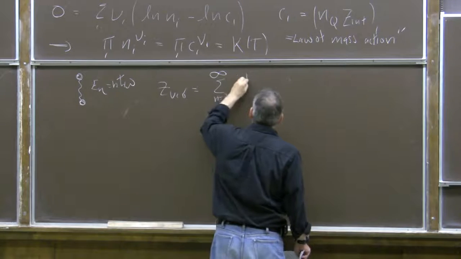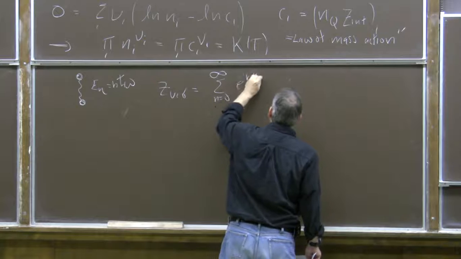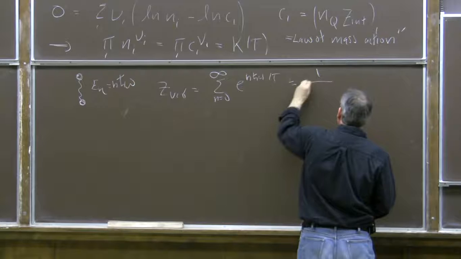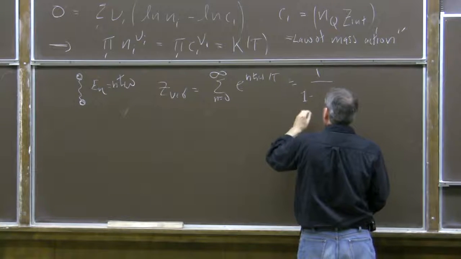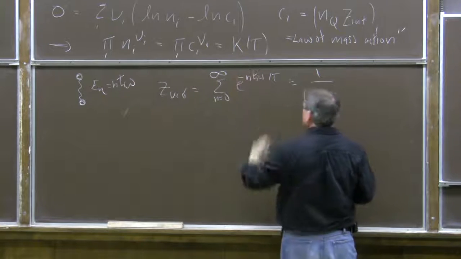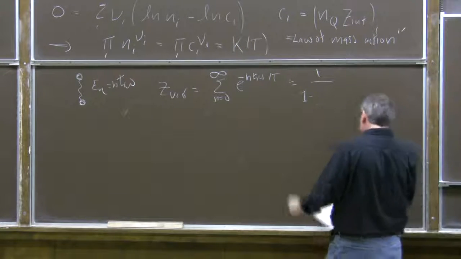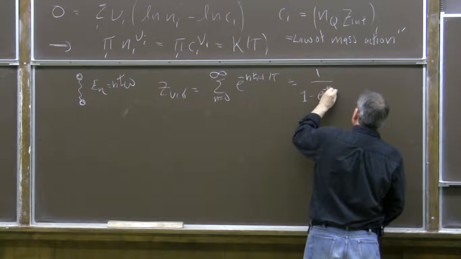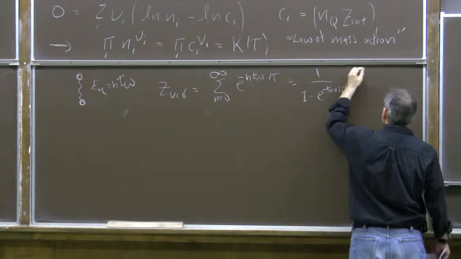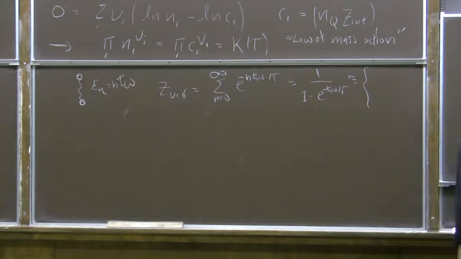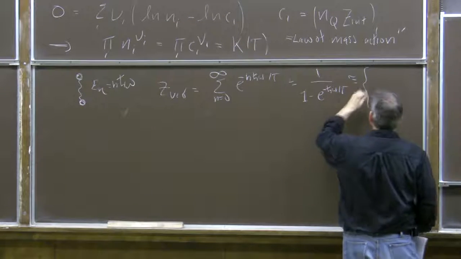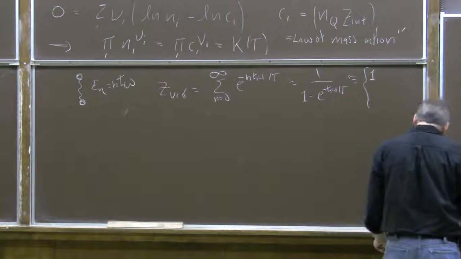of e to the minus n h bar omega over tau, which is just a geometric series, 1 over 1 minus e to the minus h bar omega over tau. So when the temperature is low, then this exponential is really small, and it's essentially 1.